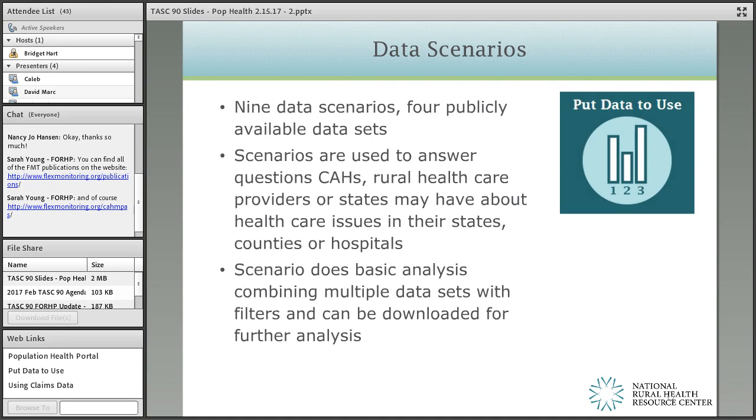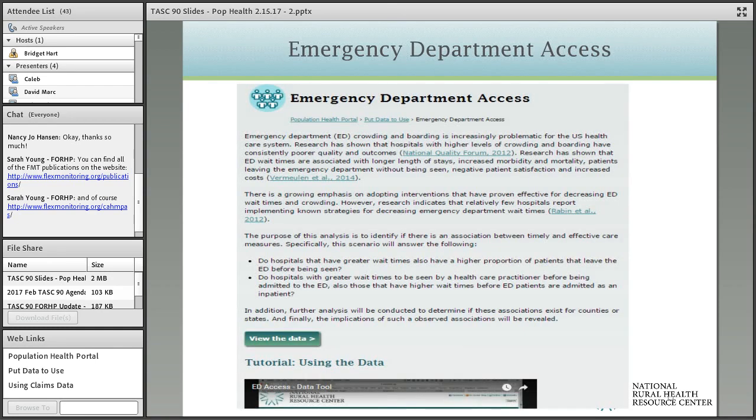And some of the scenarios are specific to MBQIP measures. The thing to remember is they are related to the MBQIP measures, but this is Hospital Compare data because this is publicly available data. So it does not include raw data that is available through MBQIP.